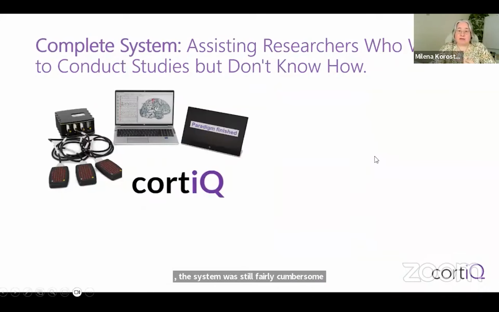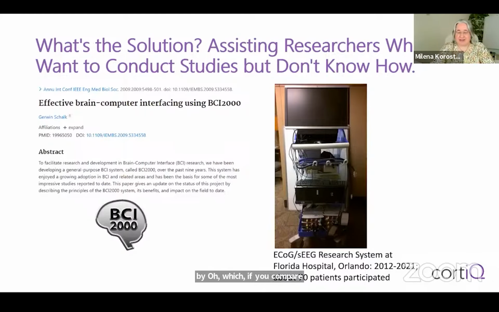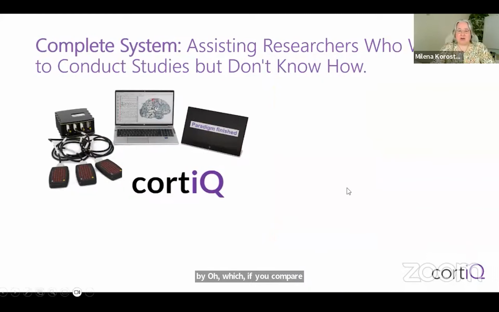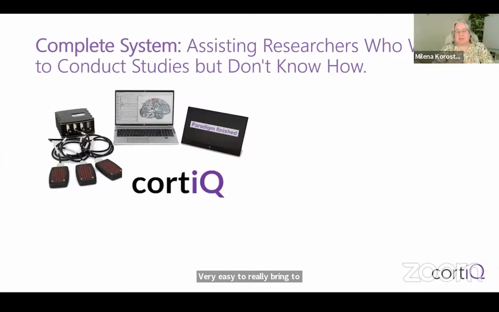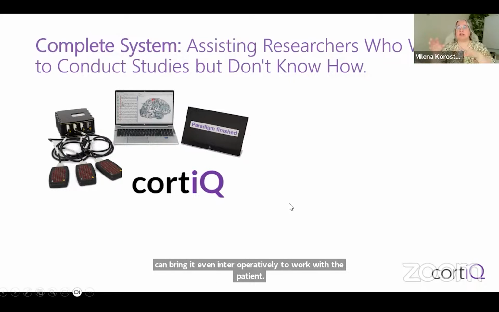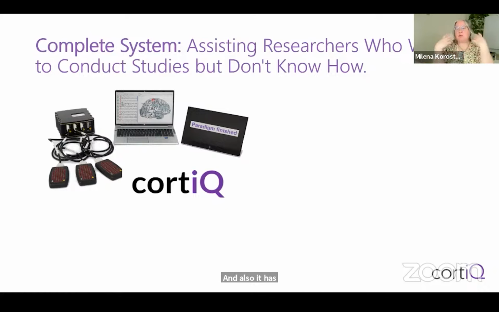And then the new complete system was developed by g.tec, which, if you compare it with that previous system that we had, of course, looks so much better, so much smaller, very easy to really bring to the patient's bedside. You can bring it even intraoperatively to work with the patient. And also it has everything together already, not only software, but also all the hardware.